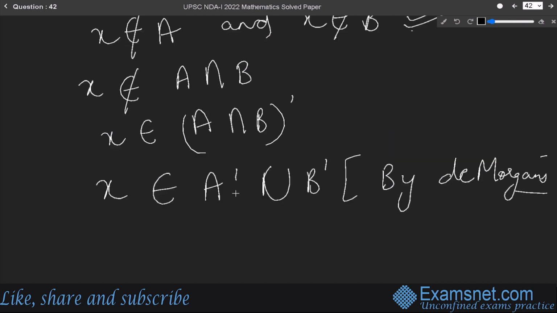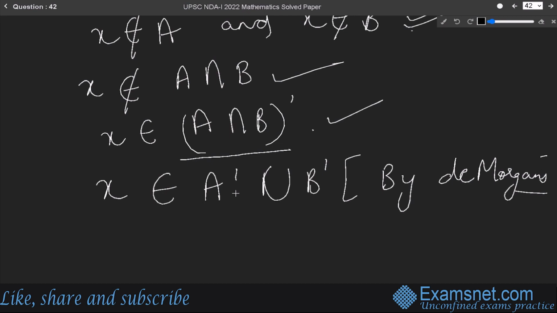Is it clear? The second statement was x does not belong to A intersection B. So it is obvious that it will belong to (A intersection B) complement. And then we can write x belongs to A complement union B complement by De Morgan's law, because we know the value of (A intersection B) complement is A complement union B complement.